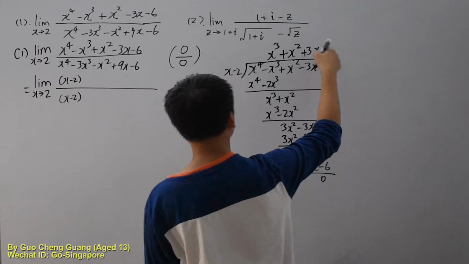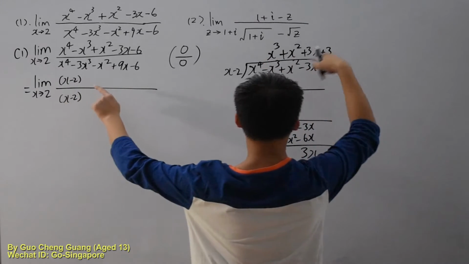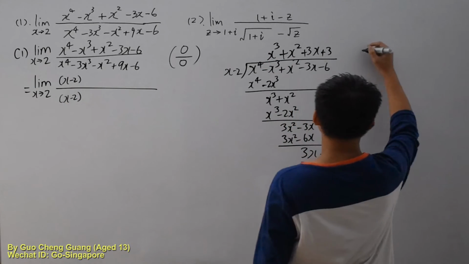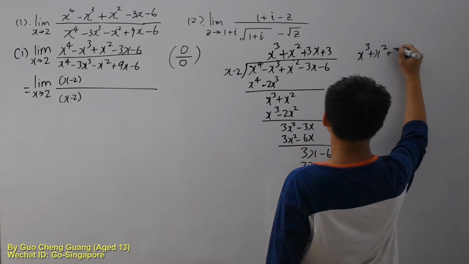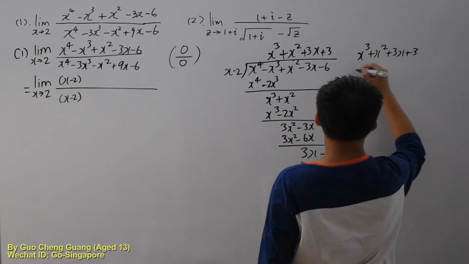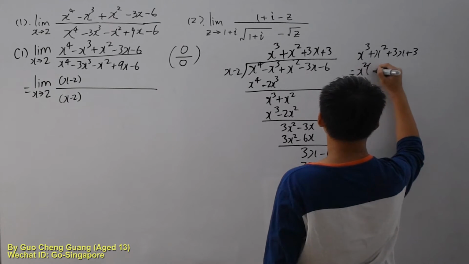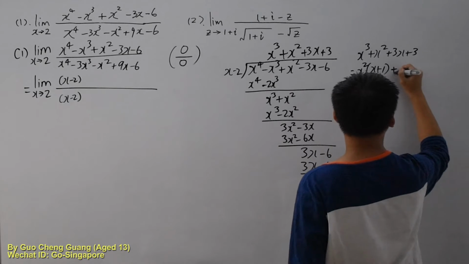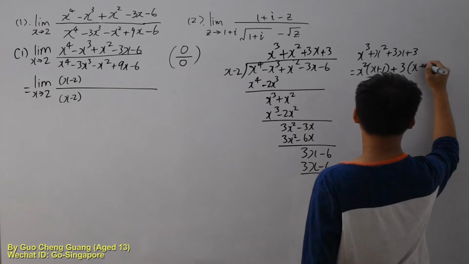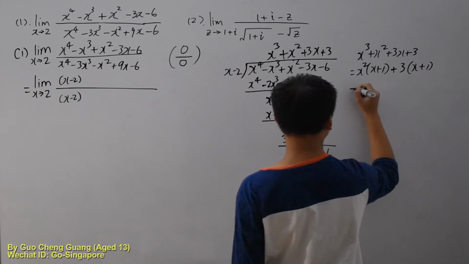So we will need to use this part above. But wait, can we continue to simplify it? If you have realized it, good for you. This is the first two terms, and this is the last two terms.